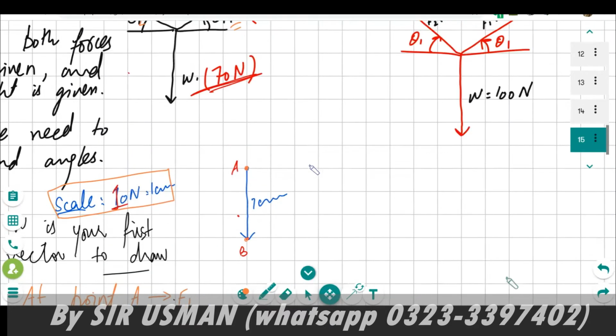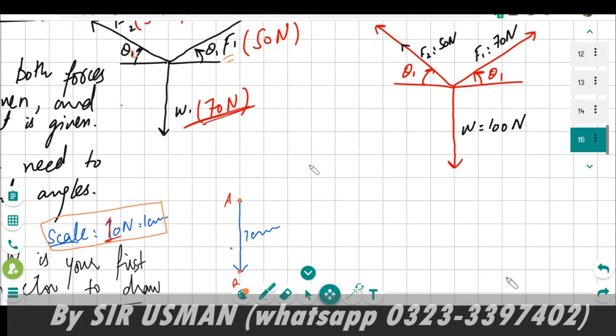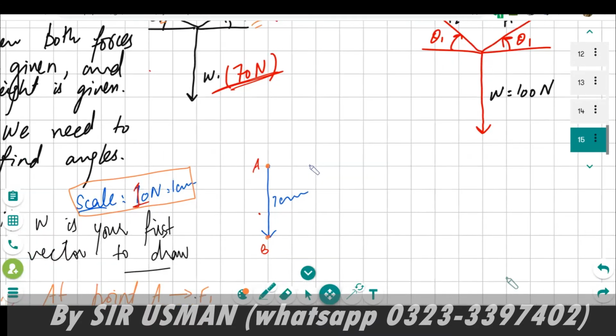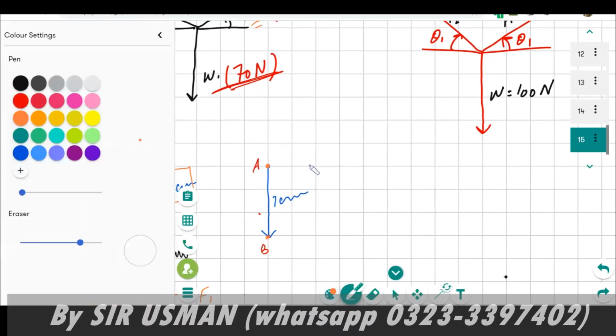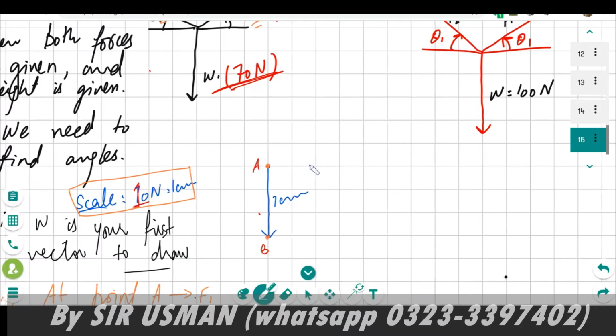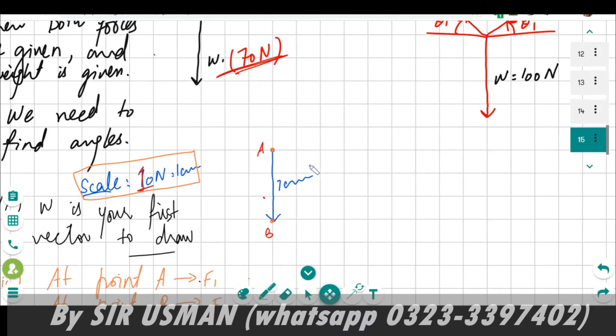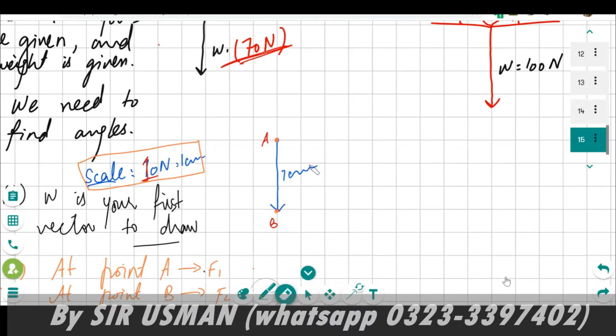So let's say at point A you have F1, and you know its magnitude is 50, so it should be 5 centimeter. And in O levels you have studied the locus questions in math. Have you studied them? Locus of a point. So if we need to draw 5 centimeter and we don't know where the angle is, the best way is we just draw a circle of radius 5 centimeter, right?